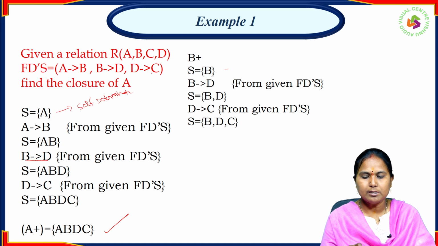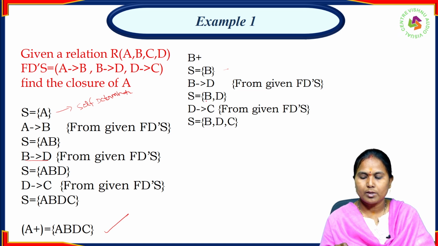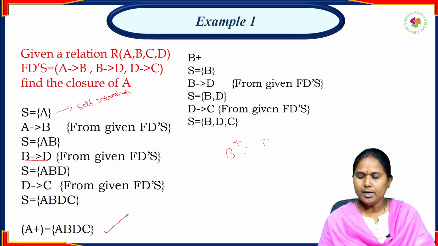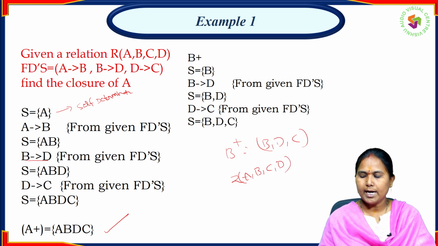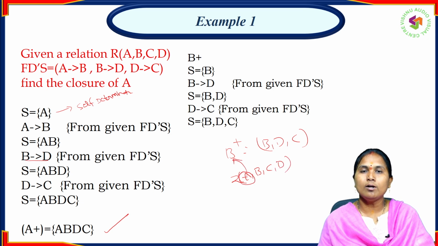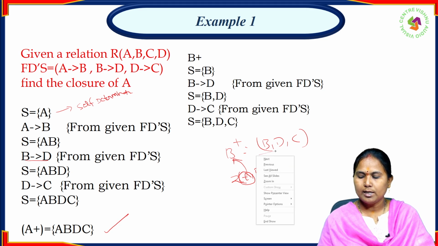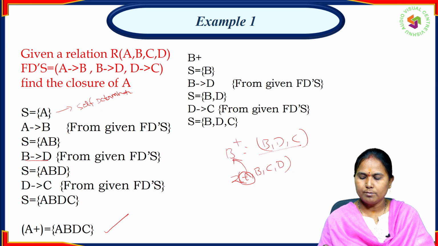So if D determines any attribute, yes, D determines C. So B determines D, D determines C. S equal to B, D, C. B closure is B, D, C. But actually, our relation consists of A, B, C, D. These are the attributes. One attribute is missed, that means A is not in the closure of B. So B closure is only B, D, C, not A.